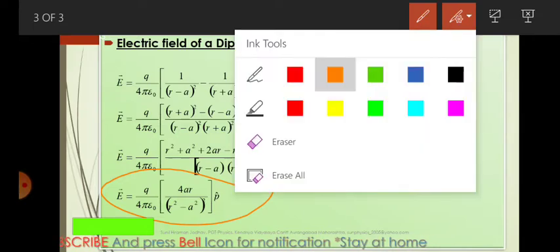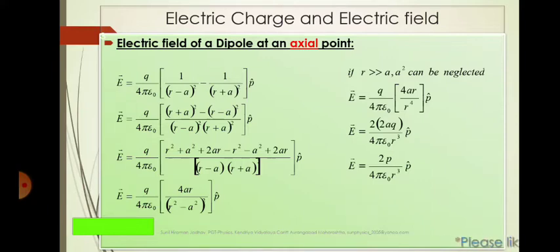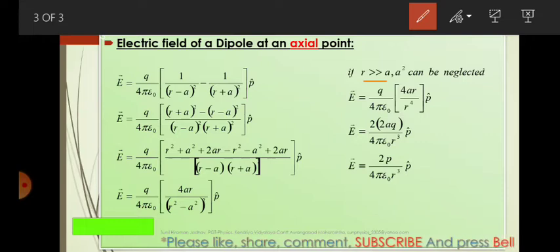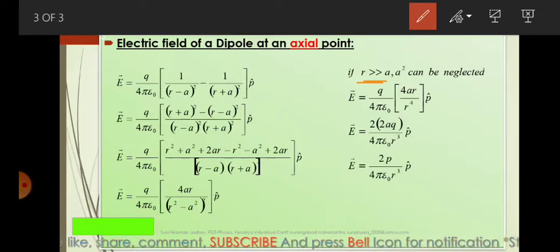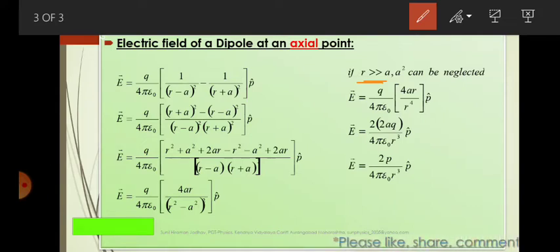So if we want to do that, then I can further write here for the case when r is very much greater than a. Okay, what is r here? r is the distance of point P from the center of the dipole, and a is nothing but the distance of the individual charge from the center of that dipole.